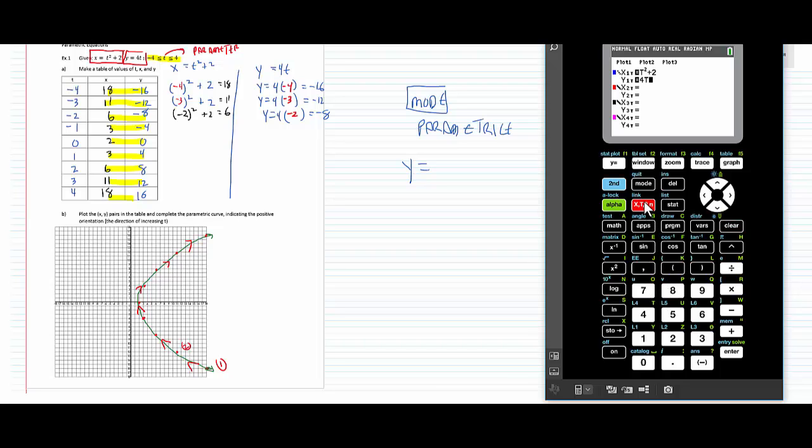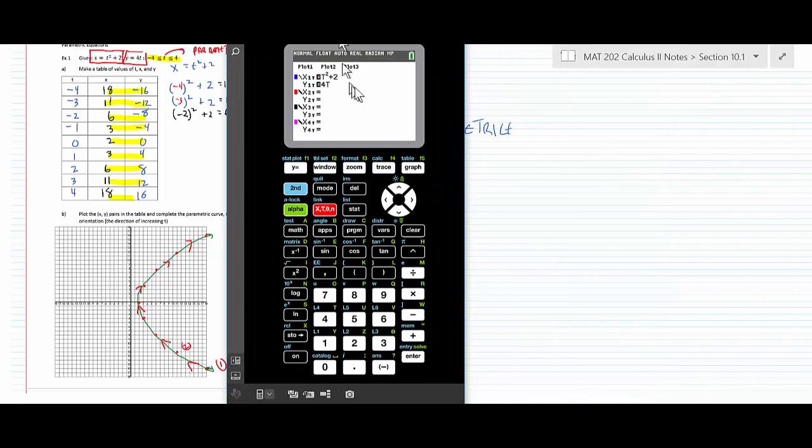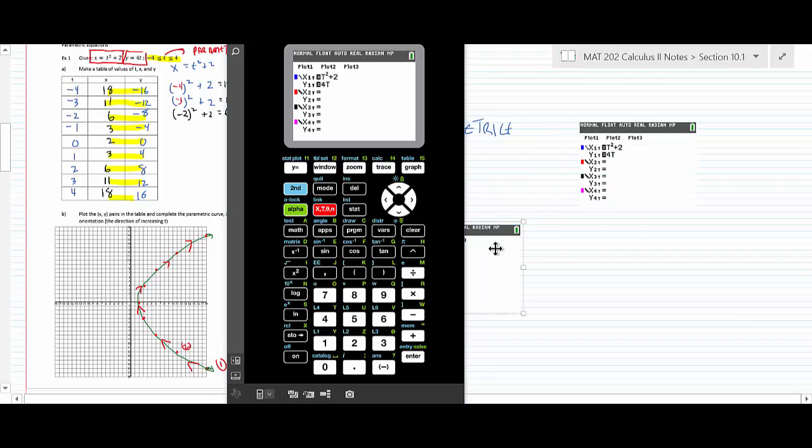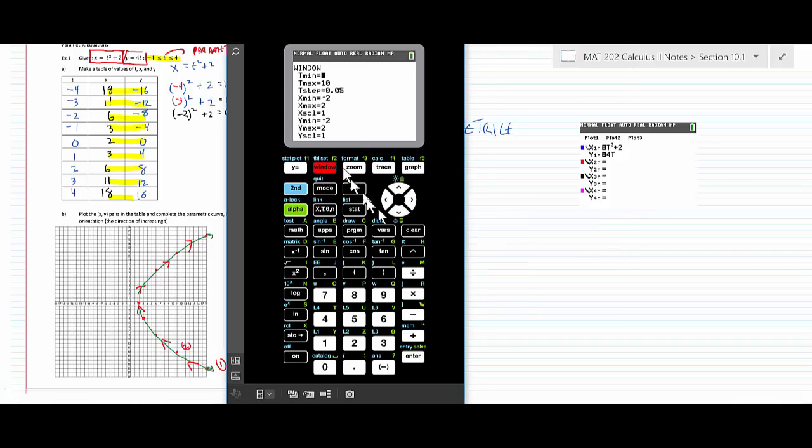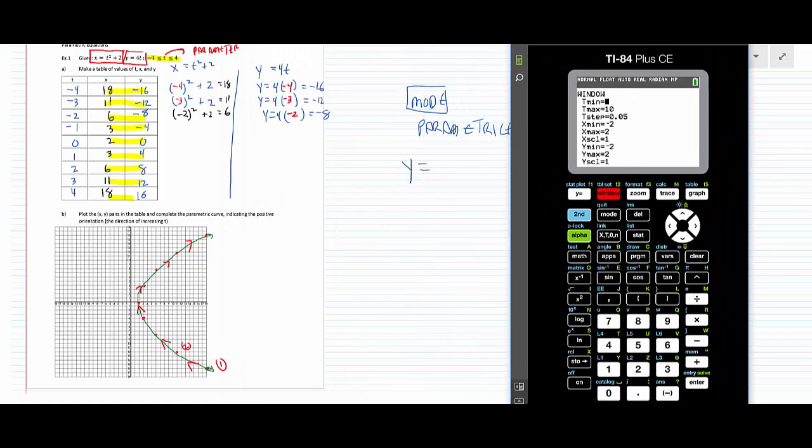Now your window's a little bit different on parametric equations, so let me show you how to do the window. You just do your y equals and press your window button. We're going to look at the t.